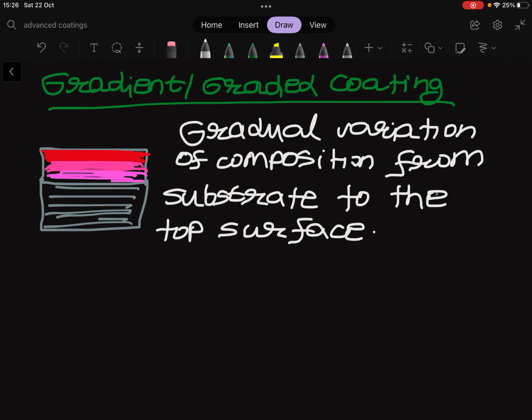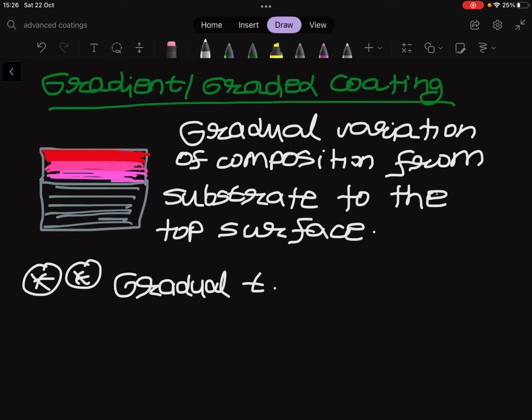So the main advantage of this configuration is a gradual transition in properties.